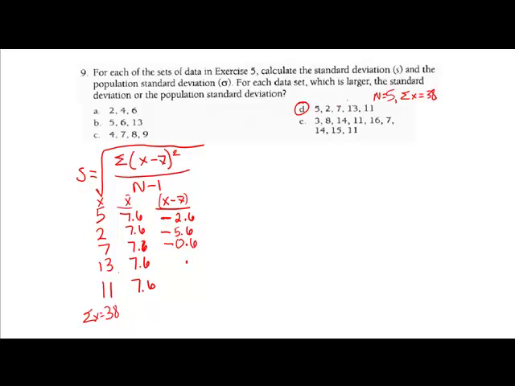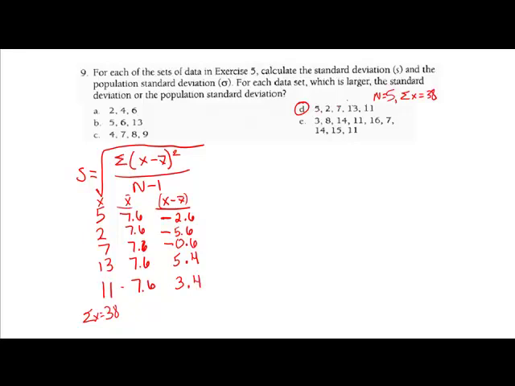Now we're into the positive numbers. 13 minus 7.6 is 5.4. And last but not least, 11 minus 7.6 is 3.4.